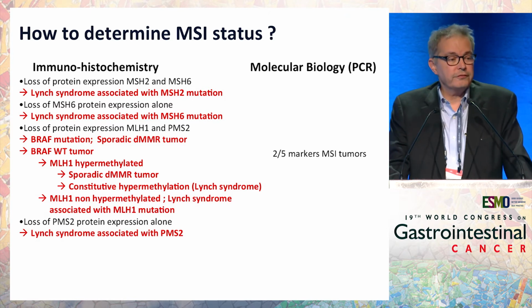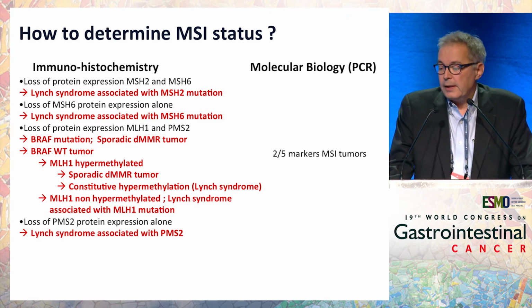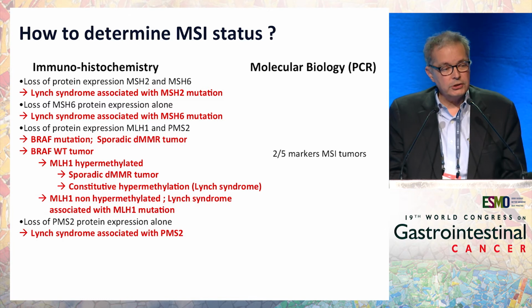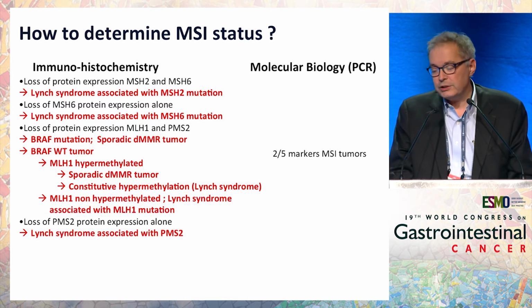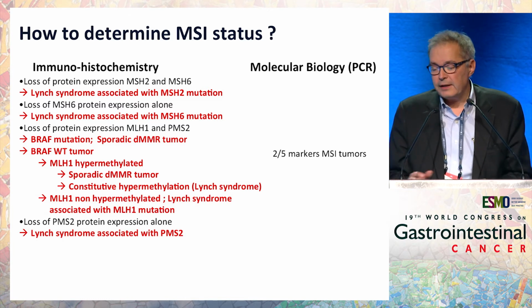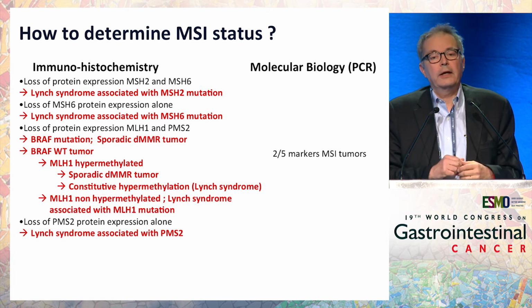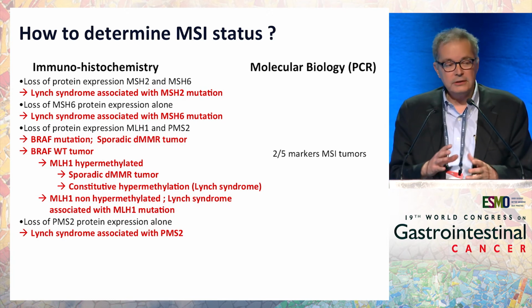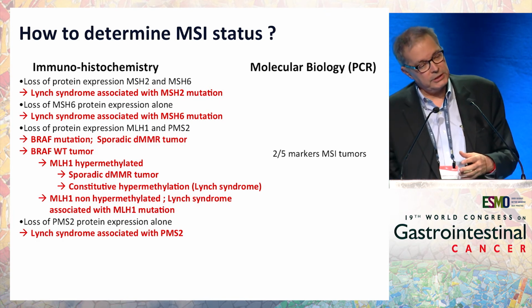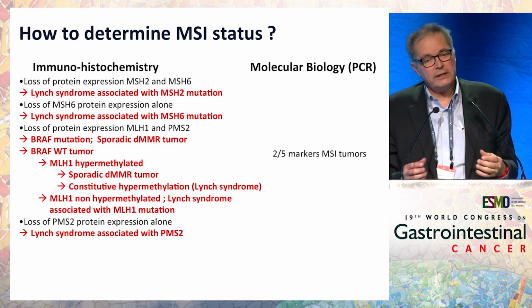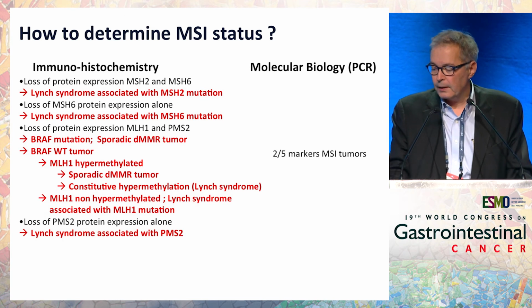If you have a loss of MSH6 alone, it is an indication to look for a germline mutation in MSH6. In fact, when you lose MSH2 expression, there is an interaction with MSH6, so you lose the expression of the 2 proteins.